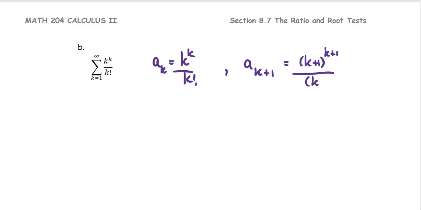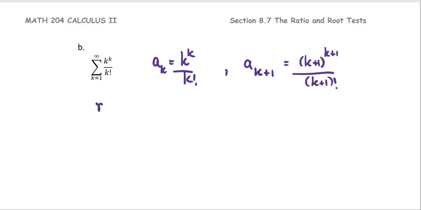In this example, we have a_k equals k to the power k divided by k factorial. Then the a_{k+1}, or the k plus 1 term, will be (k plus 1) raised to the power k plus 1 divided by (k plus 1) factorial.